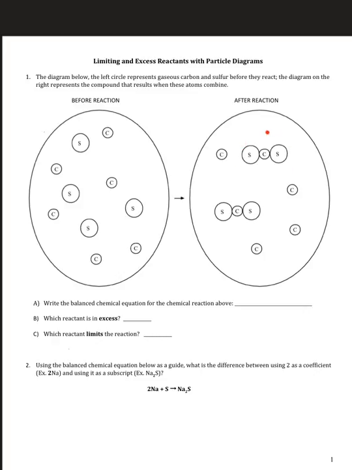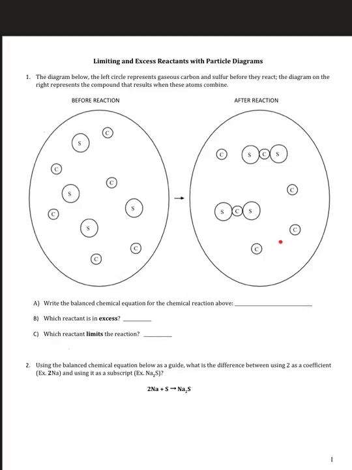So in other words, our reactants are carbon and sulfur atoms, whereas our product is this carbon that is bonded to 2 sulfur atoms. Now you'll notice that on top of the product we also have some carbon that seems to be left over from the reactant side.